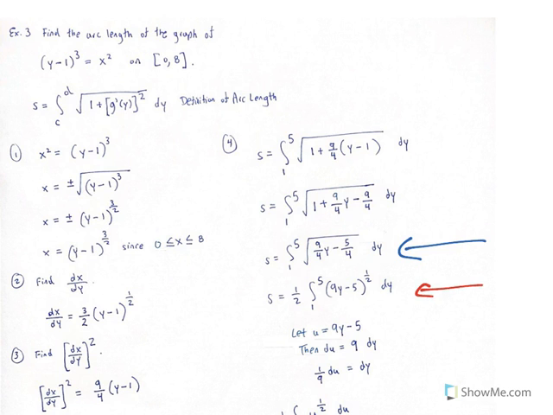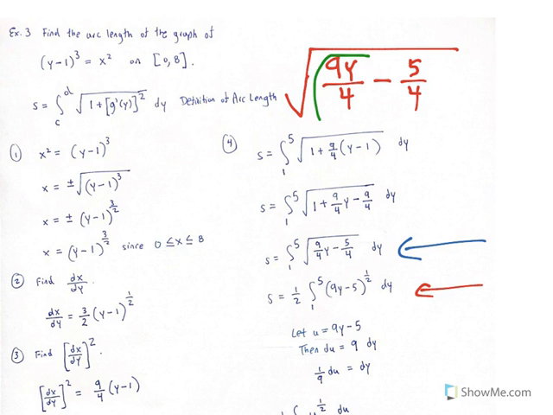So how do we get to the next line? Well, for the radicand, you have 9y/4 minus 5/4, a difference of two fractions with the common denominator of 4. So you can write 9y minus 5 over 4.